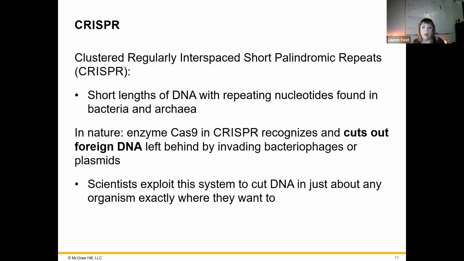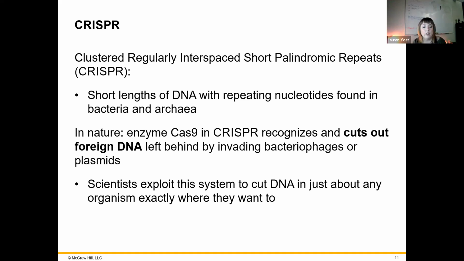All right, CRISPR. Well, I know a lot of you have heard of CRISPR. Everybody keeps asking me what I think about CRISPR or whatever. I mean, it's a tool that is useful in genetic engineering. It stands for clustered regularly interspaced short palindromic repeats. These are short bits of DNA with repeating nucleotides in bacteria and archaea.